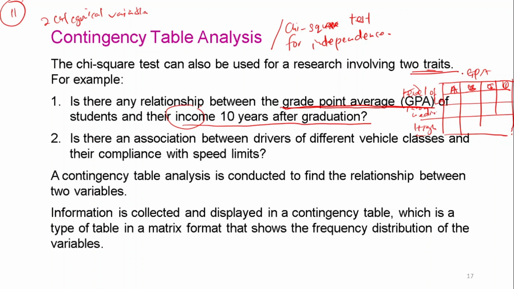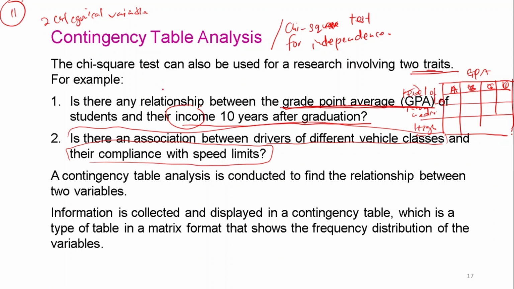So if we need to solve using contingency table analysis. Okay, is there an association between driver of different vehicle class and also their compliance with speed limit? Okay, so if it's involved with two traits, this one you need to solve using contingency table analysis.